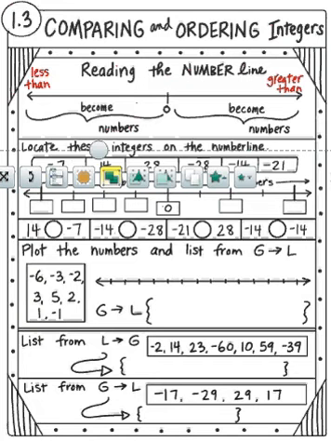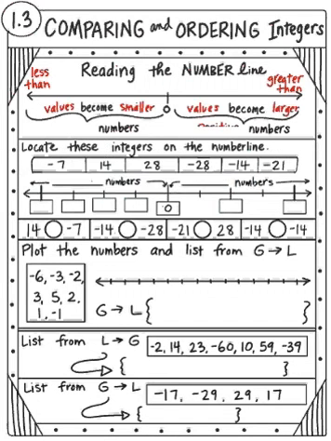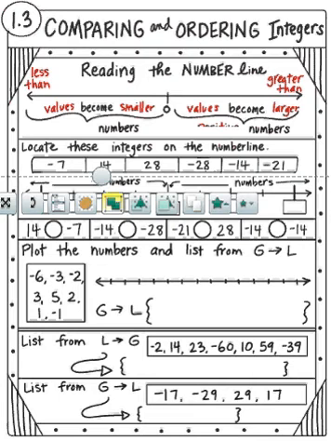So those numbers on that left side are less than, so those numbers are numbers that their values become smaller. And the numbers to the right, since they are greater than 0, those values are becoming larger.